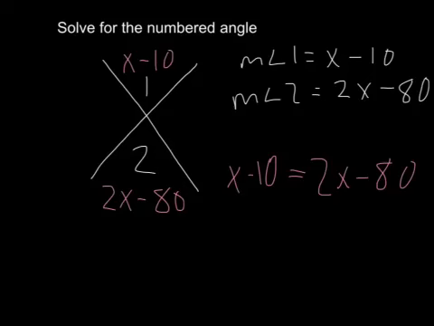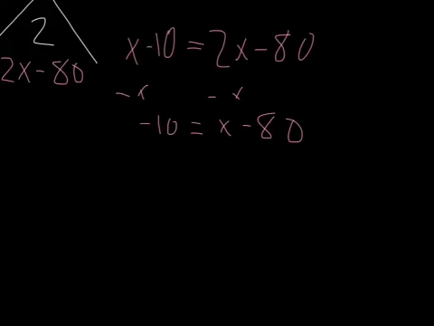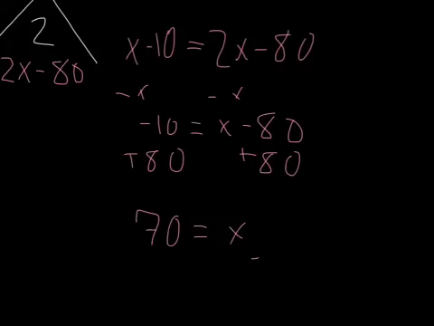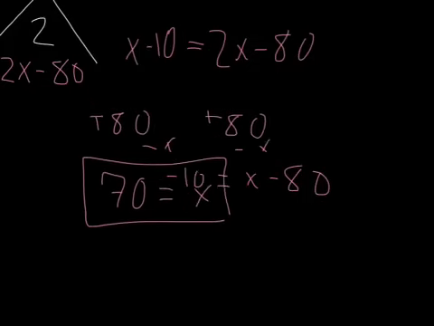If I wanted to solve for that, let's say I wanted the minus x over here, it would give me negative 10 equals x minus 80. Let's say I wanted to add 80 over here. That'll give me x equals 70. Now, be careful. Remember, we're trying to solve for the numbered angle.